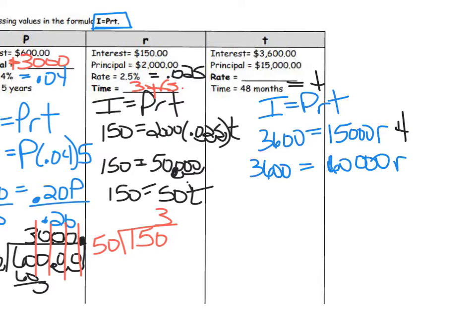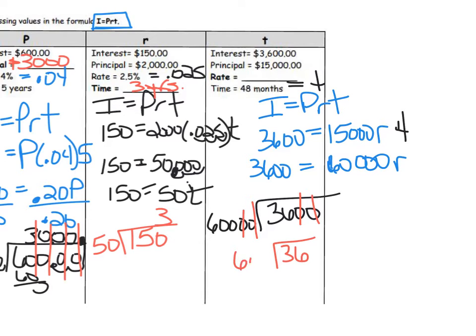So I'm going to go ahead and do 3,600 divided by 60,000. Now, I could eliminate zeros, right? Because that helps me. So, because I had 2 zeros inside, I have 2 zeros outside. So now it's going to be 36 divided by 600.